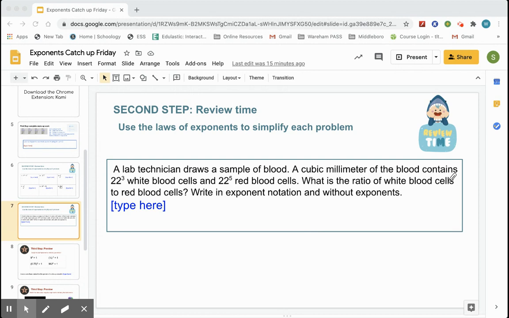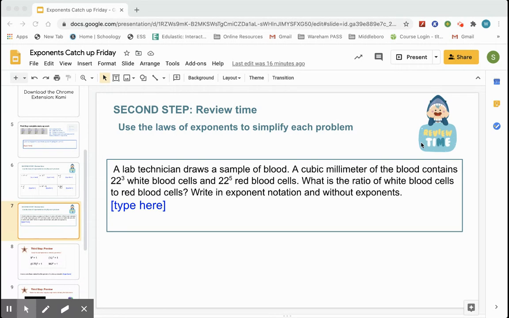So we're dividing with bases that are the same, so we're going to do our subtraction where the larger exponent is. Since 5 is greater than 3, we're going to actually subtract in the denominator. So I'm going to bring this down and subtract 3.